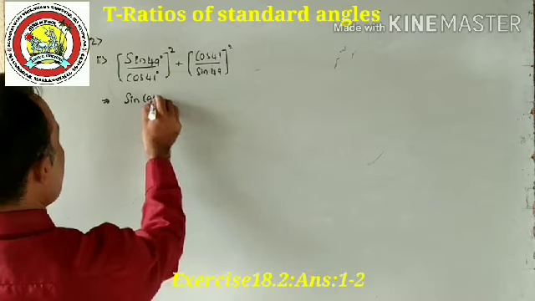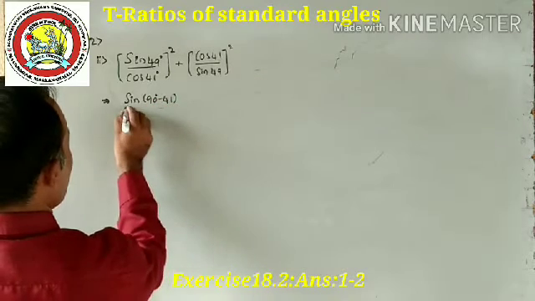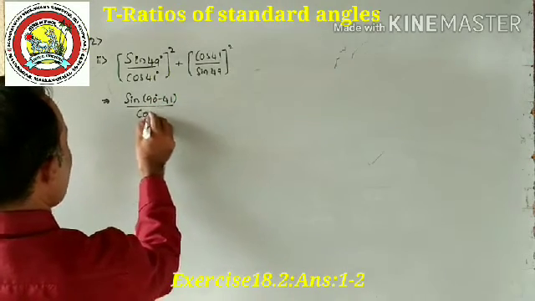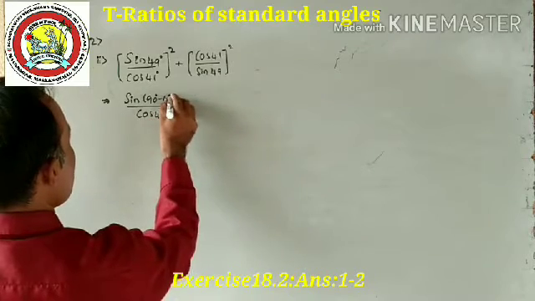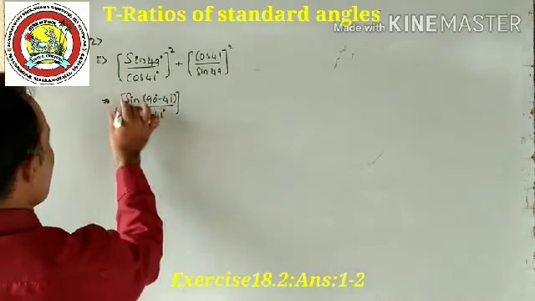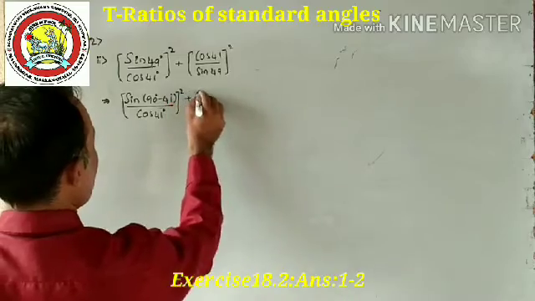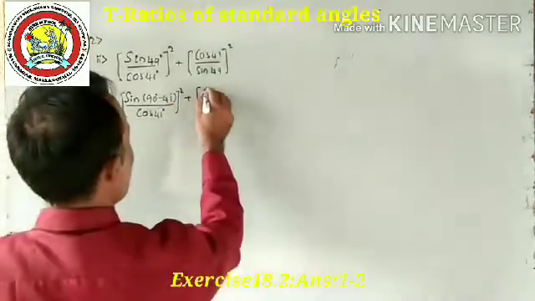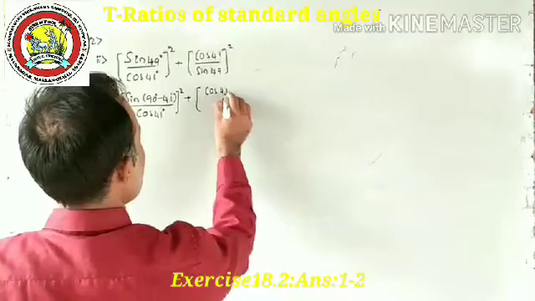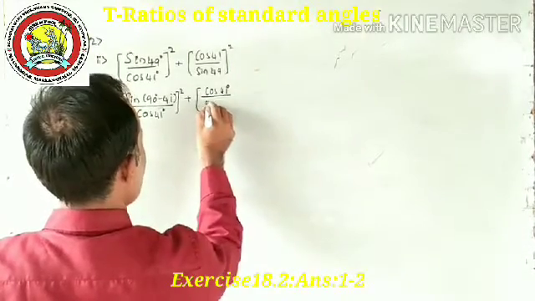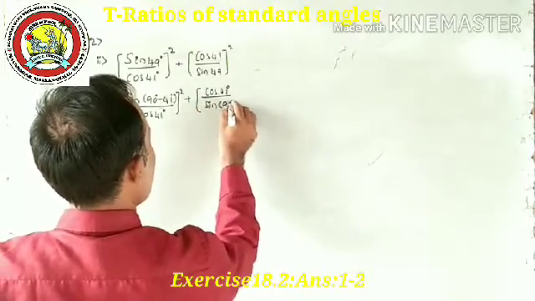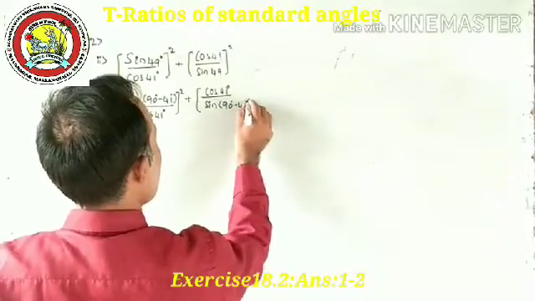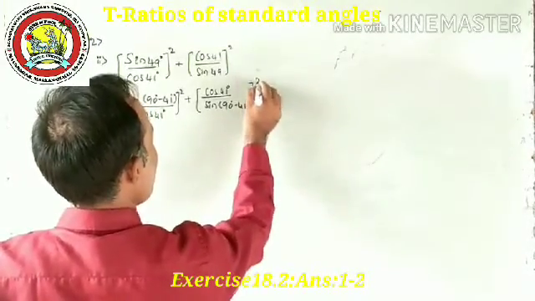Sin 49 can be written as sin (90 degree minus 41 degrees) divided by cos 41 degrees, whole square, plus cos 41 as it is, divided by sin 49, which can be written as sin (90 minus 41 degrees), whole square.